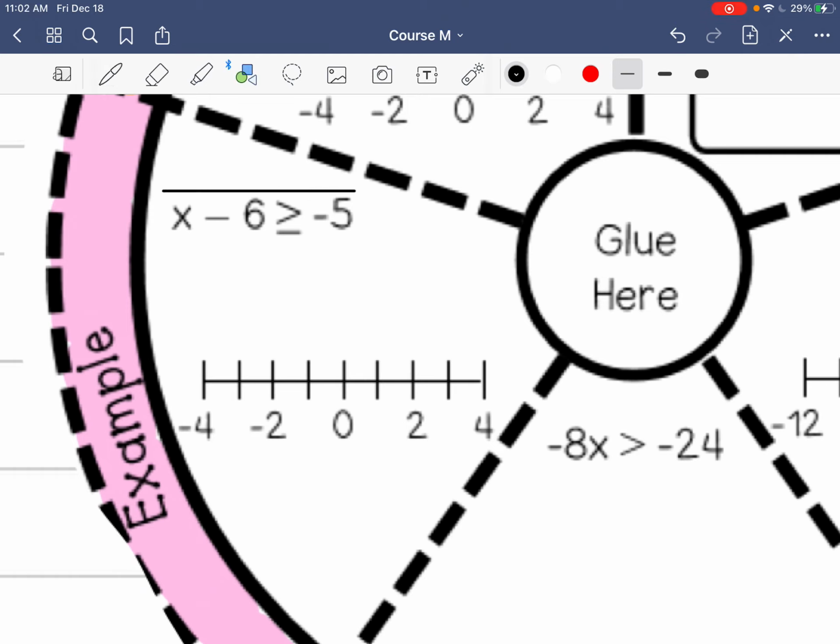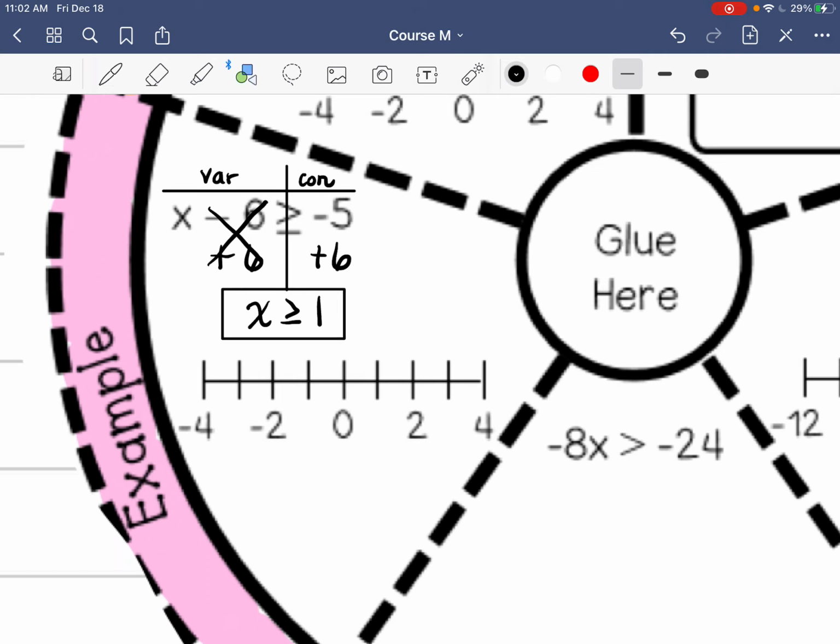Power t, variable, constant, plus 6, cancel, copy. X is greater than or equal to positive 1.